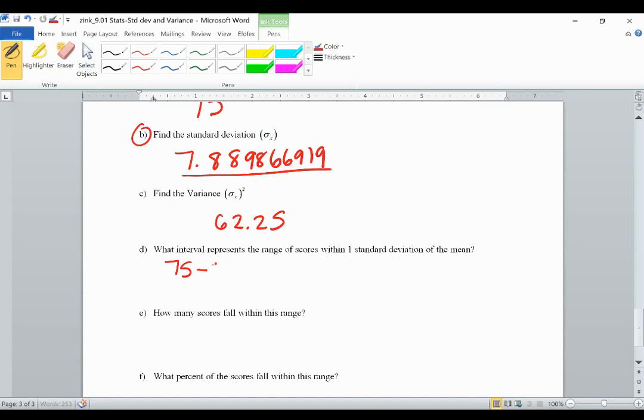So that's what we found in part B. And then we're also going to take the mean and we're going to add 1 standard deviation to it. Just type those right into your calculator.